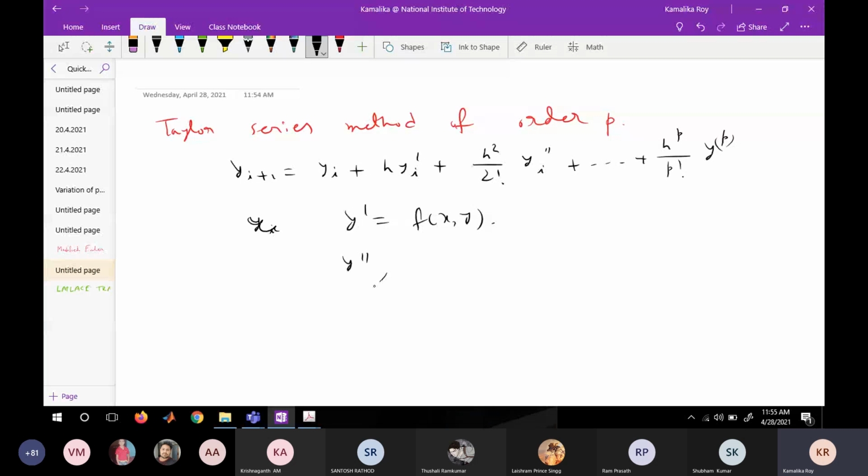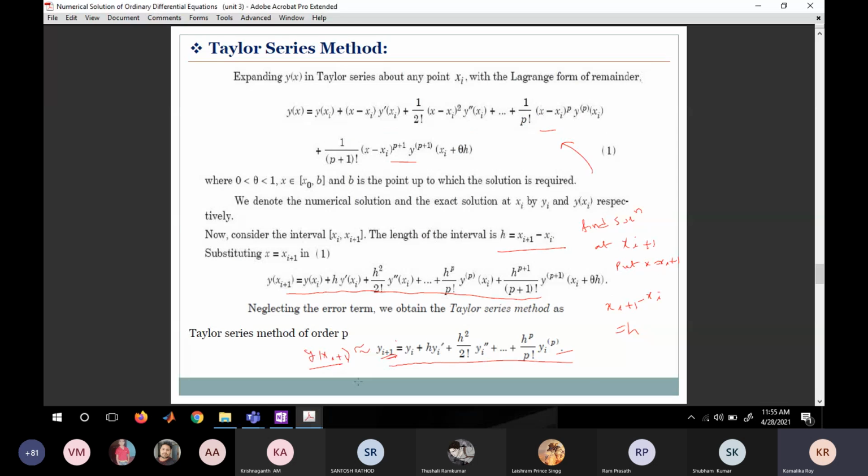Using this you can find y double dash, y triple dash, and so on, and just put x equals xi to get y dash i, y double dash i like this. This is how we will be solving equations with the Taylor series method.